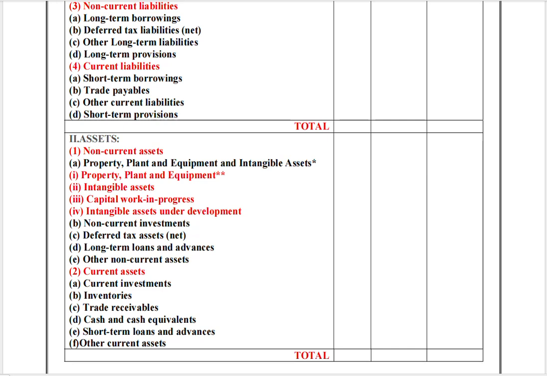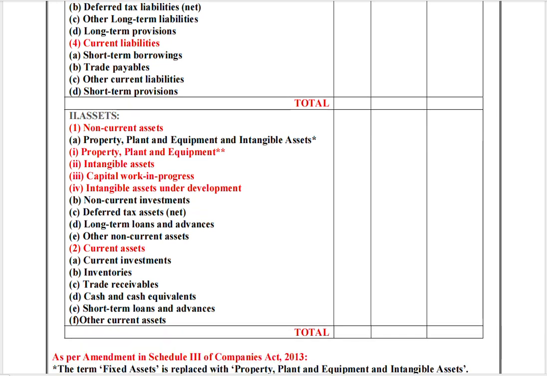And it has five subheadings: property, plant and equipment, and intangible assets. Basically, the term fixed assets is replaced by property, plant and equipment. And then intangible assets, everyone knows what intangible assets are.